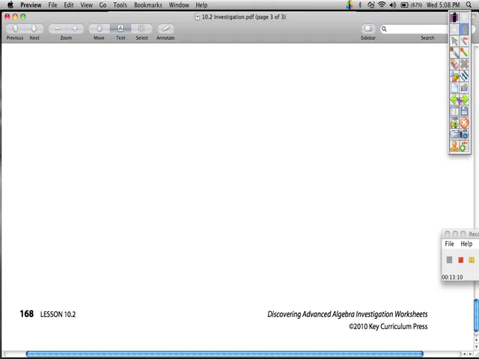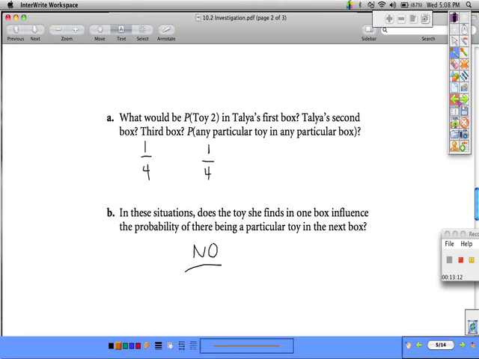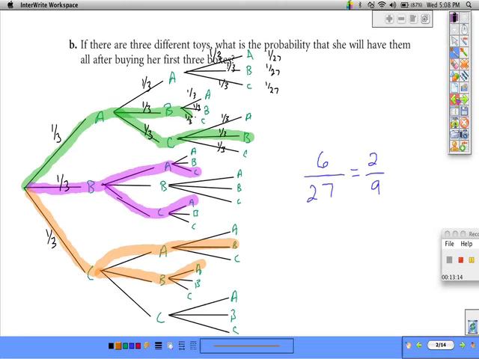Now, one thing I'll point out with this, I'm going to go way back to the beginning. This tree diagram right here, one branch was 1 over 27. One way we can get that by looking at the tree, instead of counting up all of them, we can do 1/3 times 1/3 times 1/3 is 1/27.